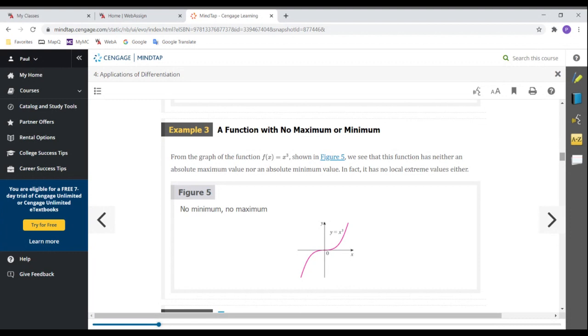There's just no maximum or minimum there, anywhere on the curve. Not at x equals 0 either. Are you getting an intuitive feel for this?